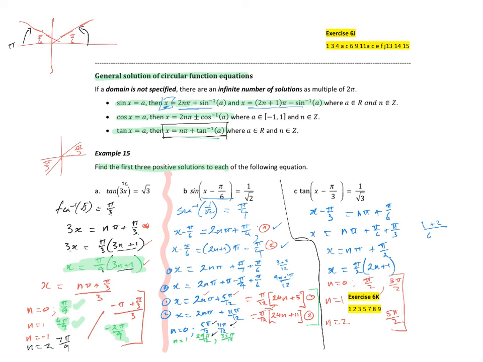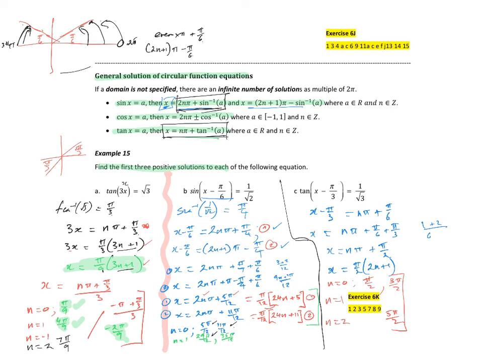So as I travel around my unit circle, it's 0 plus pi on 6, pi minus pi on 6, come around 2 pi plus pi on 6, 3 pi minus pi on 6, 4 pi plus, 5 pi minus. So in other words, it's even number times pi plus the angle, and then it's the odd number, which is why we do the 2n plus 1 minus the angle, which is what we've got here.